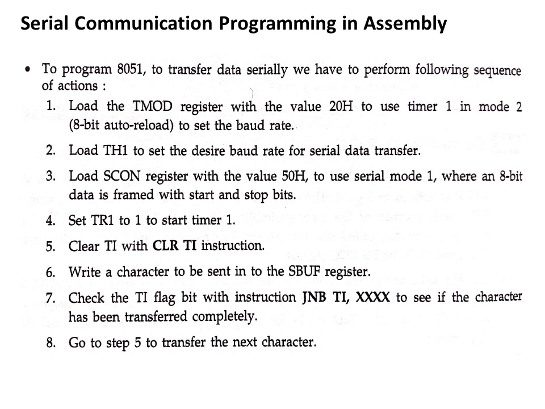Next, the second step is to load TH1, that is timer 1 register, to set the desired baud rate for serial data transfer. That means if it is required to work with a baud rate of 9600, the TH1 register should be loaded with the hexa value FD. And if it is required to work with a baud rate of 4800, TH1 should be loaded with the value FA in hexa.